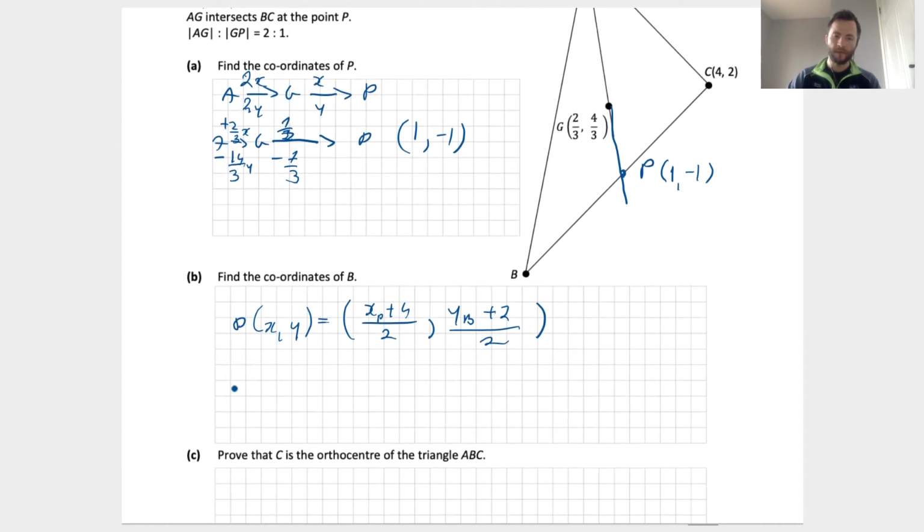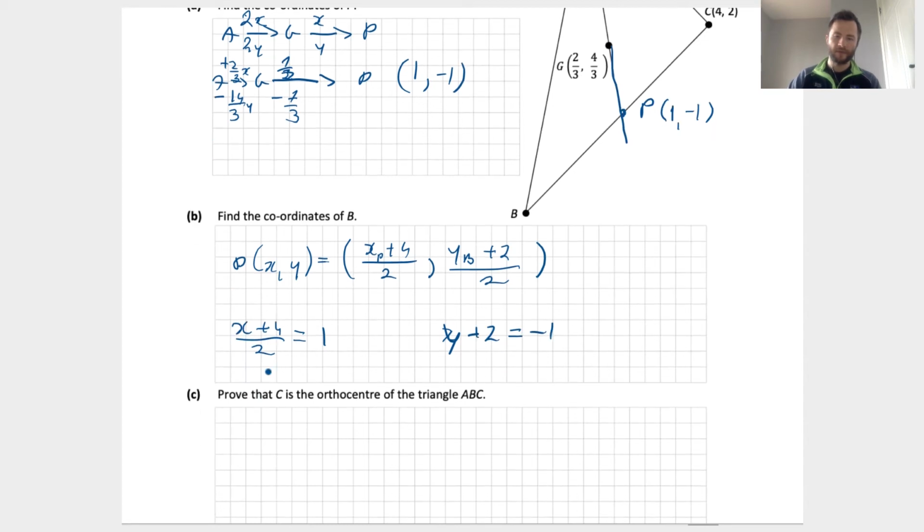So I have two small equations: (x + 4)/2 equals 1, and (y + 2)/2 equals minus 1. From the first equation I get that x is equal to minus 2, and from the second equation I get that y equals minus 4. So the coordinates of point B are (-2, -4).